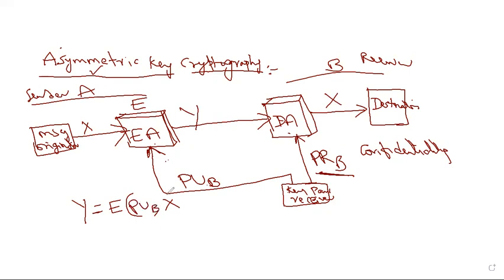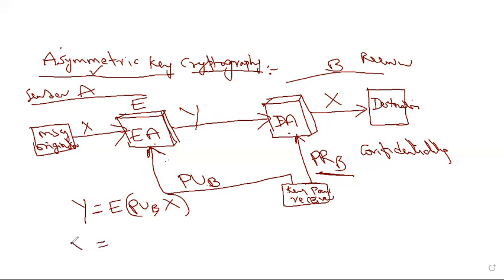So symbolically, we can write the encryption algorithm like this, because the encryption algorithm is a function which takes two arguments. One is X, another one is the public key of the receiver, and this encryption algorithm maps X onto Y, meaning it produces Y. But at the receiving end, the receiver is using decryption, right?